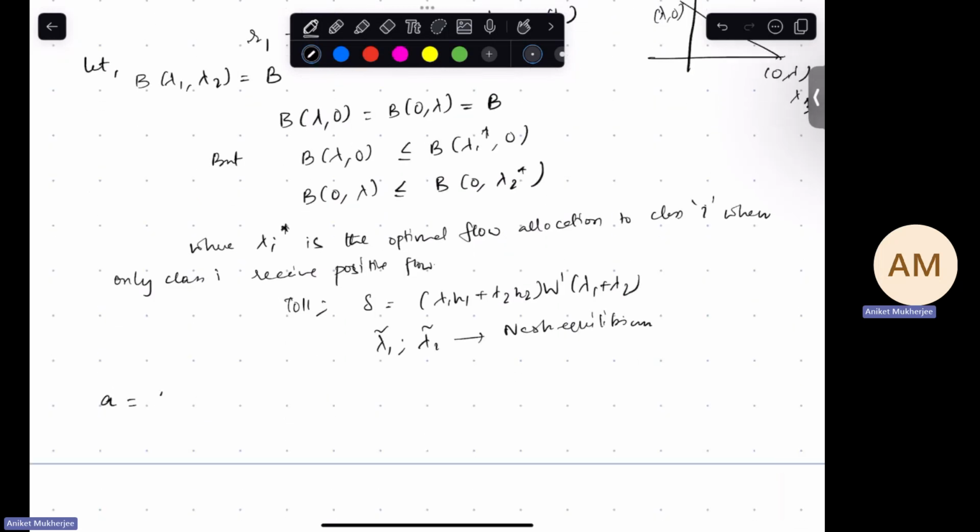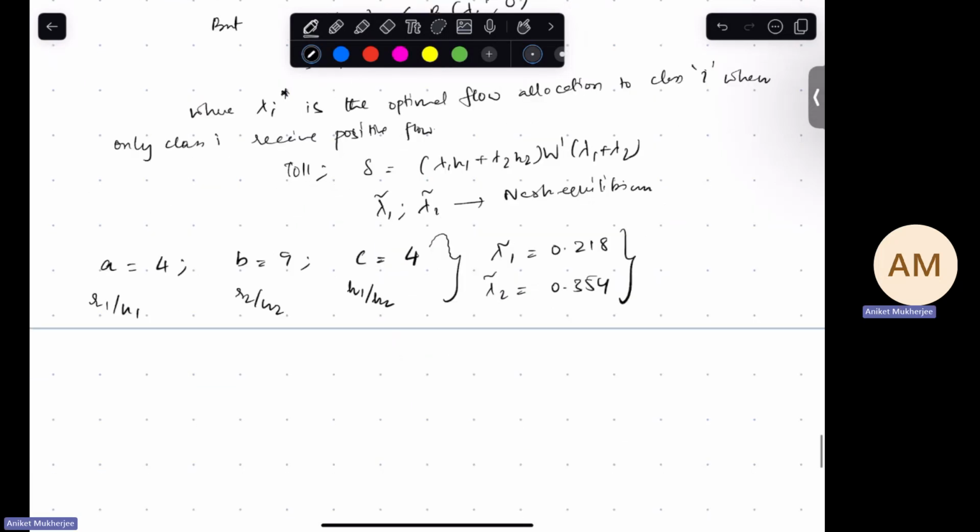If A equal to 4, B equal to 9, and C equal to 4, where A equal to R1 by H1, B equal to R2 by H2, C equal to H1 by H2, then what we see is lambda 1 tilde equal to 0.218, lambda 2 tilde equal to 0.354.